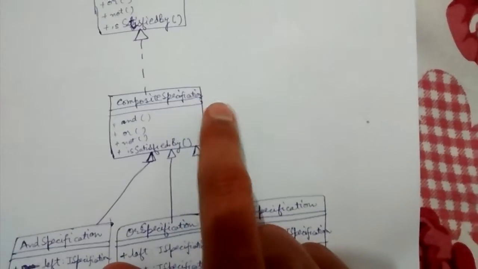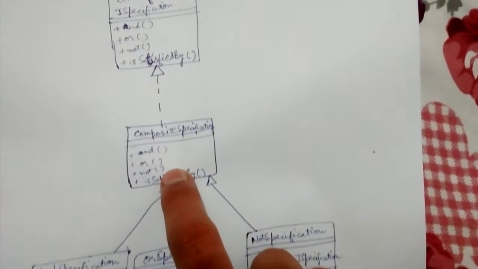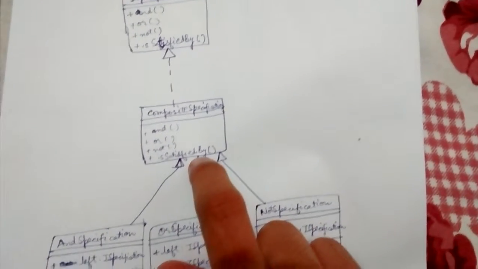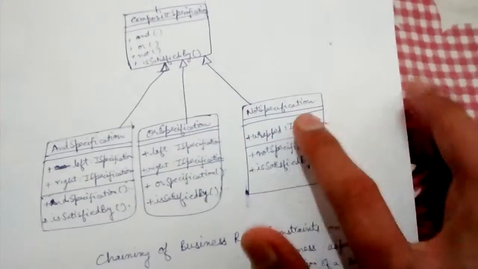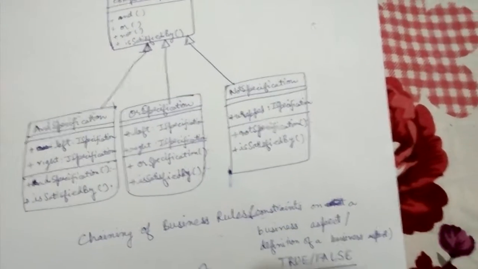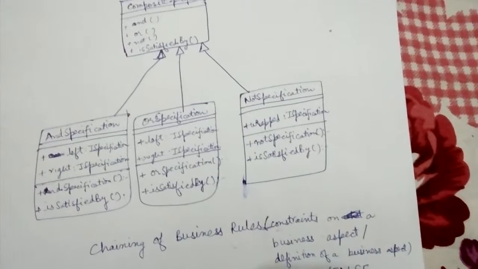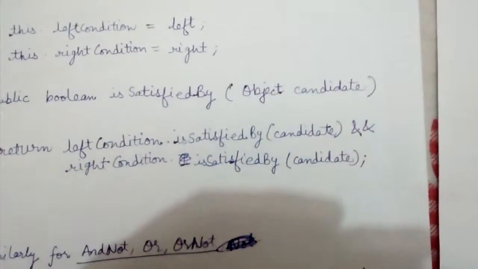So this composite specification pattern is actually implementing these and, or, not methods. It is an abstract class and isSatisfiedBy is still abstract here, which is being defined in these classes: AndSpecification, OrSpecification, NotSpecification. So isSatisfiedBy for AndSpecification will be leftCondition.isSatisfiedBy and rightCondition.isSatisfiedBy.